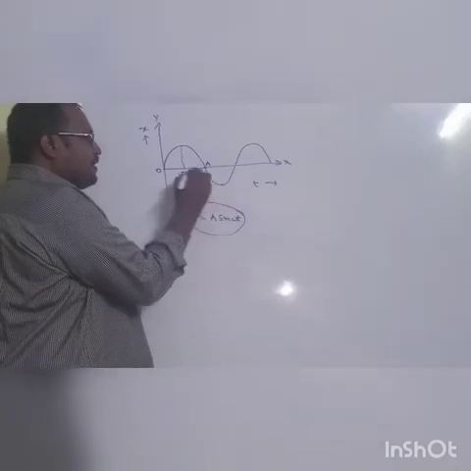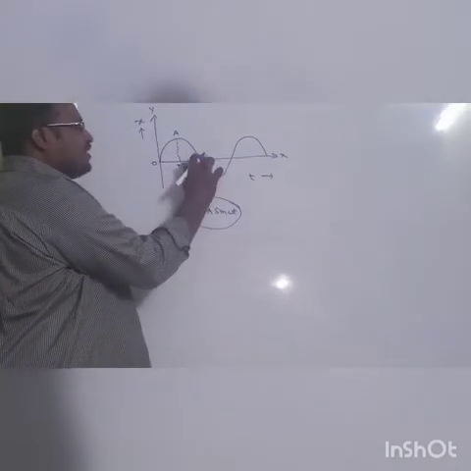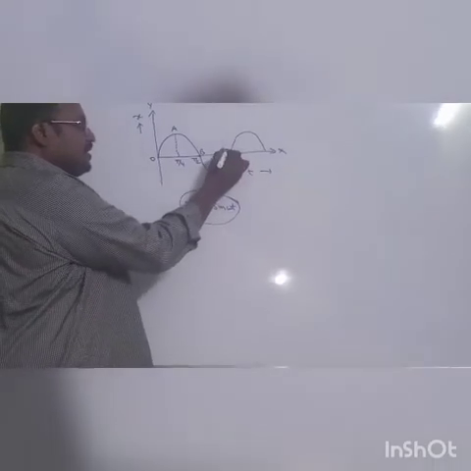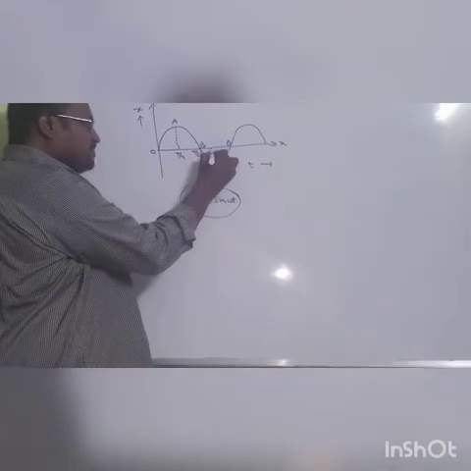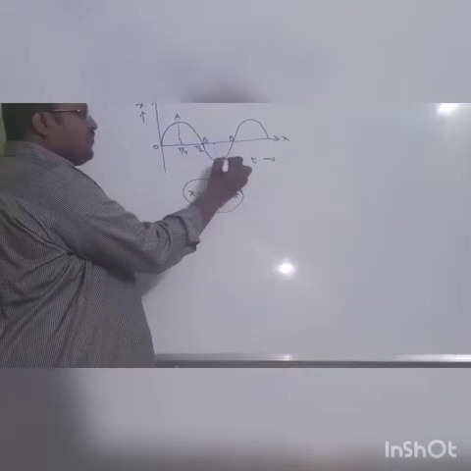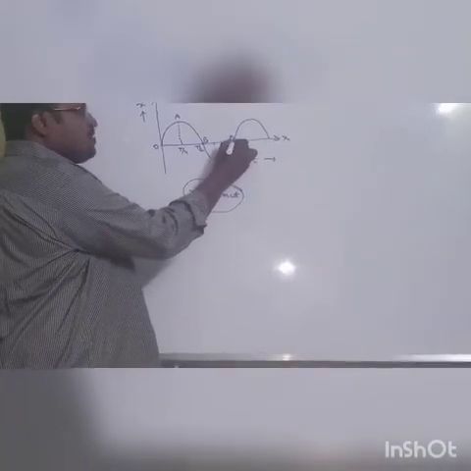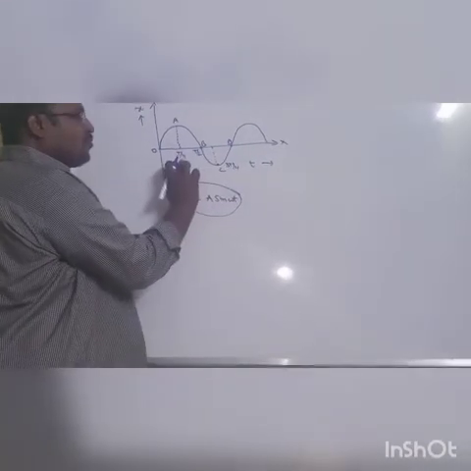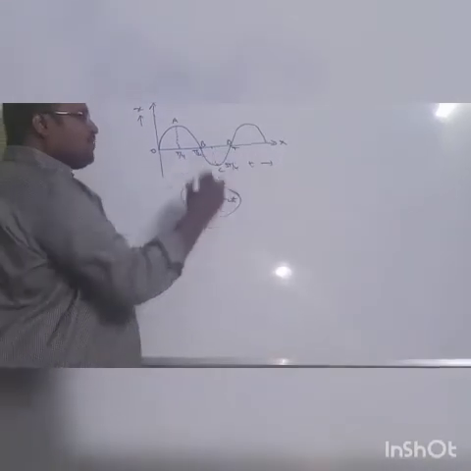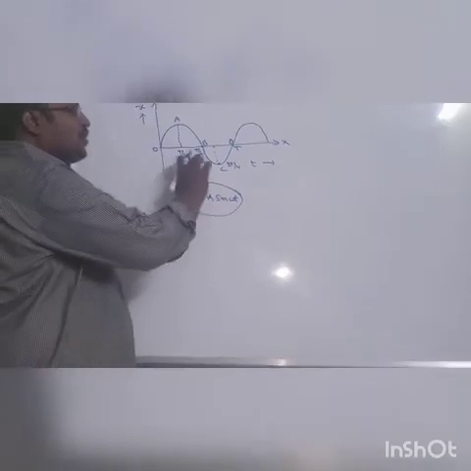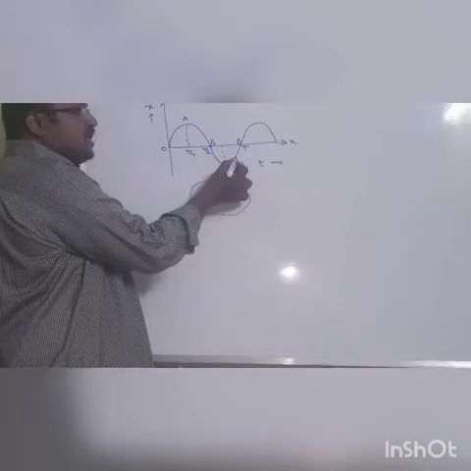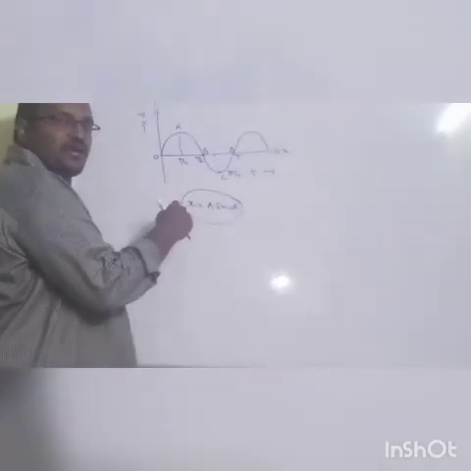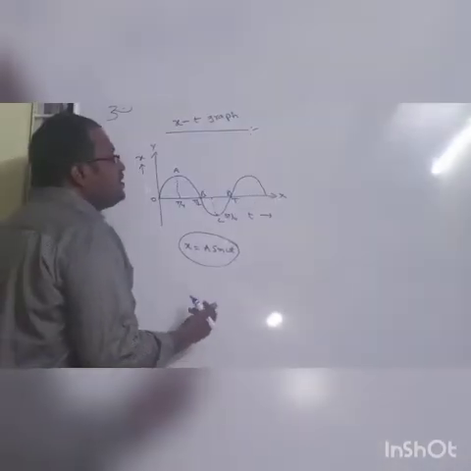Take this as B, this is C, and this is D. At point C the time is T by 2 plus T by 4, that is 3T by 4, and finally 3T by 4 plus T by 4 gives the time period capital T. So the total time period of the particle is T. That means here it takes one crest and one trough. Next, we will observe the velocity time graph.